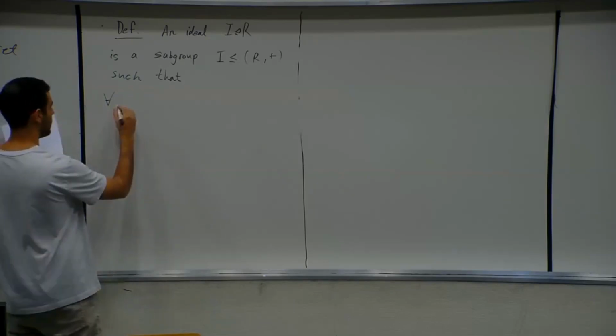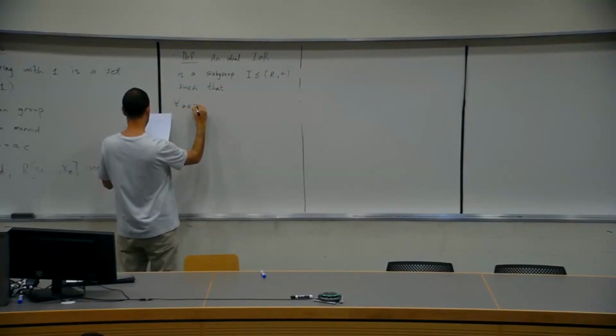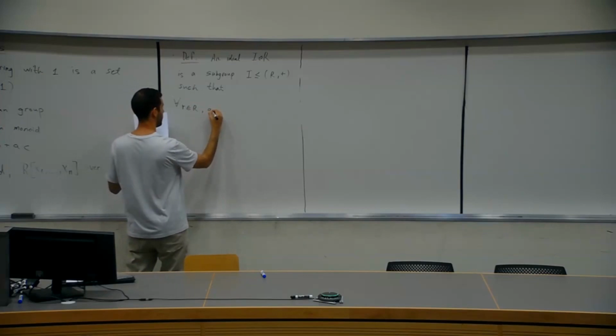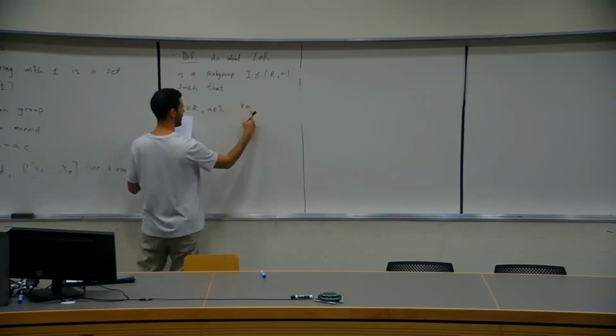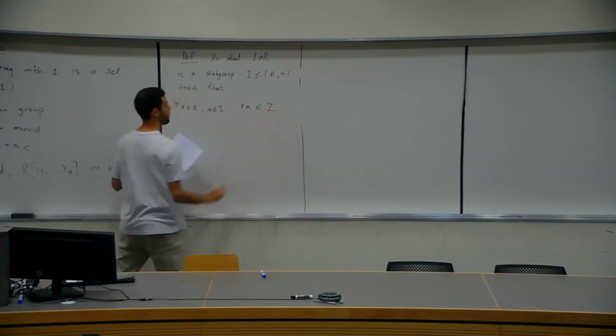Like you take an element from the ideal, and if you multiply it by any polynomial or any ring element, for both sides, we stay in the ideal.